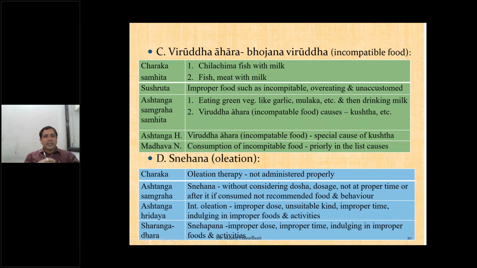That's why together this combination is Bhojana Viruddha, and those combinations are not at all advisable. In Maharashtra we do not eat chilchim fish with milk, even though any fish has hot potency and milk has cool potency. So fish with milk is also a causative factor.